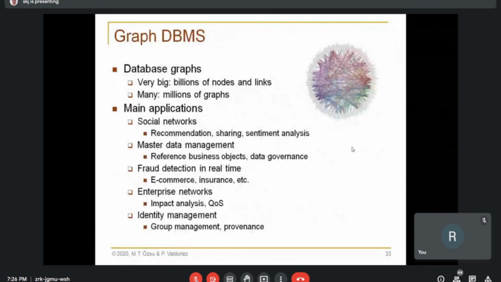This is the graph database, or graph DBMS. Graphs can be very big.